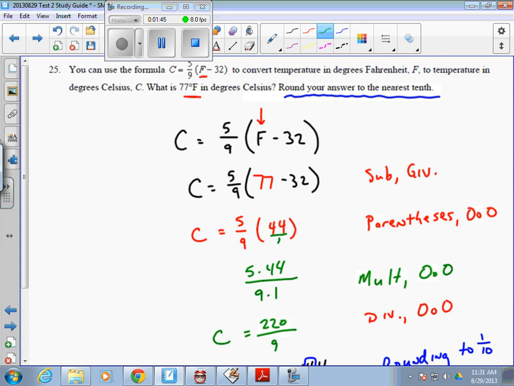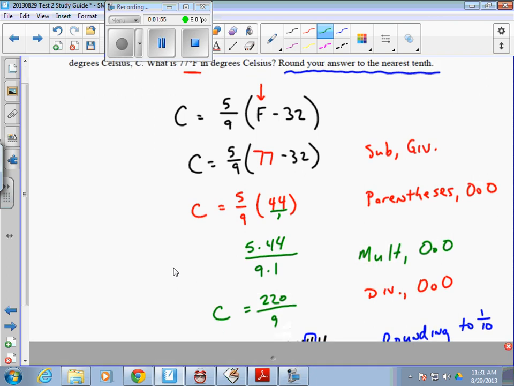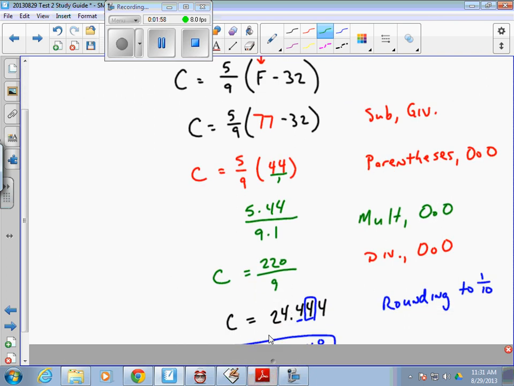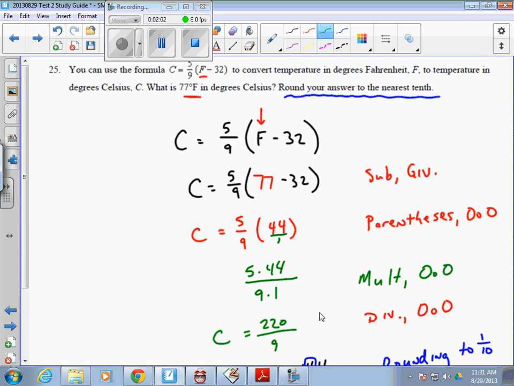And that's just the other one was multiplying because of order of operations. This one, 220 over 9. This next step, we're going to divide 220 divided by 9 because order of operations says to divide. That gives us 24.444. In the original problem, it told us to round our answer to the nearest tenth.